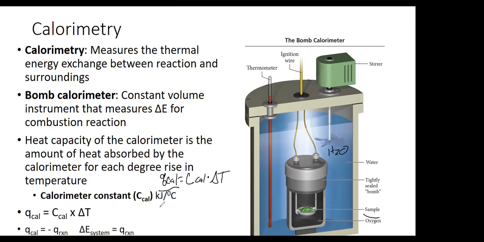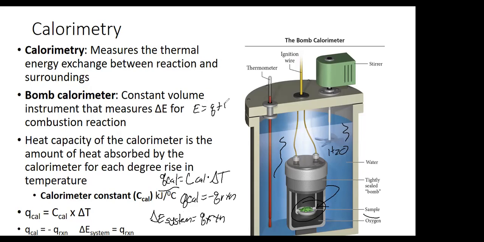Then I can say, well, any heat that my calorimeter absorbed must have come from my reaction, because I'm blowing this up and releasing energy. So any energy absorbed by my water has to come from my sample. So I can calculate how much energy was in my system. It's all based on the heat release, because if you remember on our last slide, energy is based on two things, heat plus work.